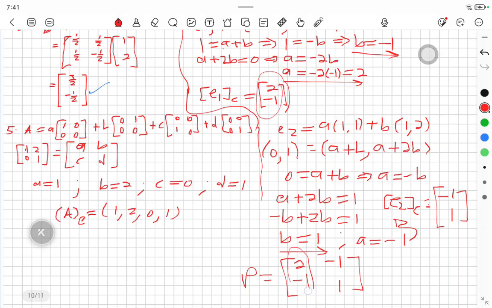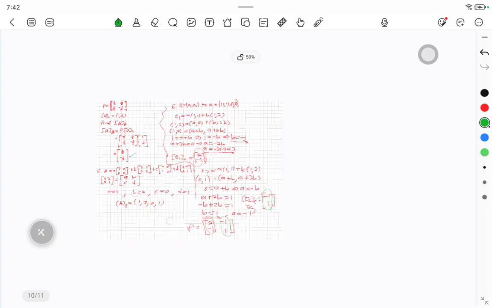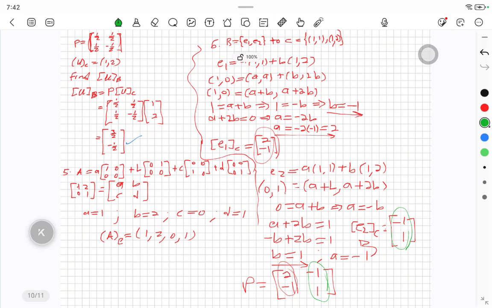That one comes here, this one comes here. You see, right? They always come as they are. That's the nice part about a coordinate matrix. That's why we always use a coordinate matrix whenever we are solving a transition matrix.